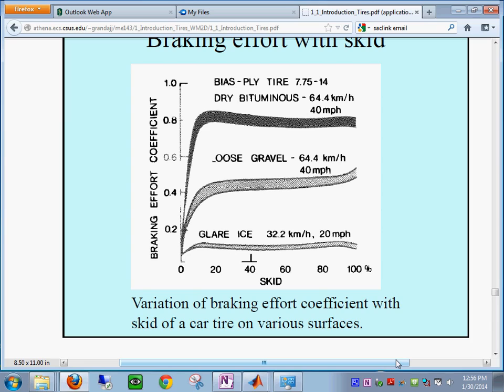So based on this, you see that the bias ply tire is actually good for braking. I see those used in tow trucks and buses. This is why, because they can also be very efficient in braking.